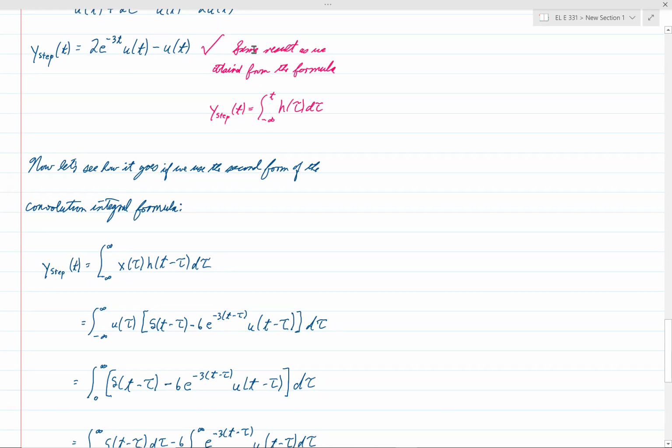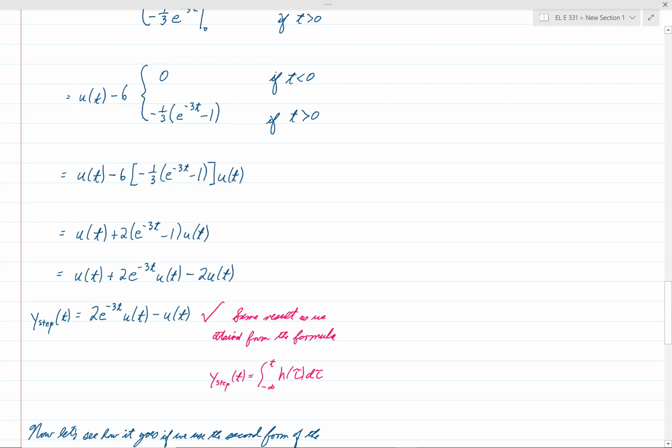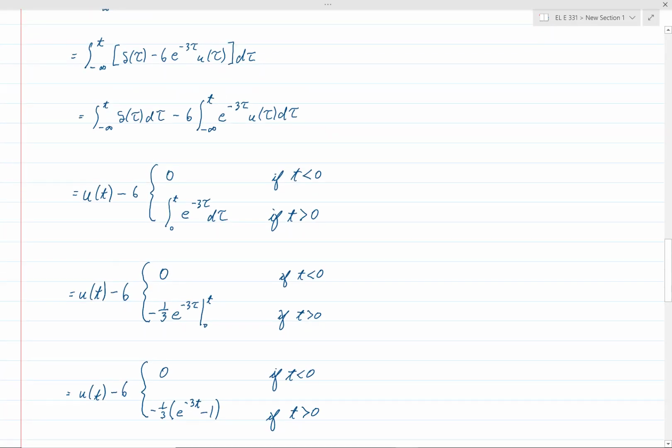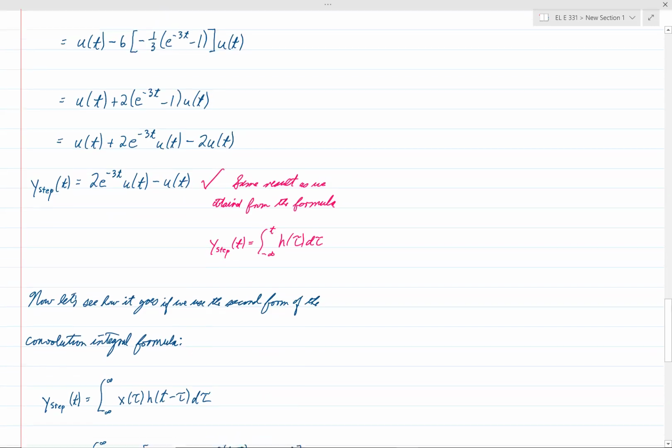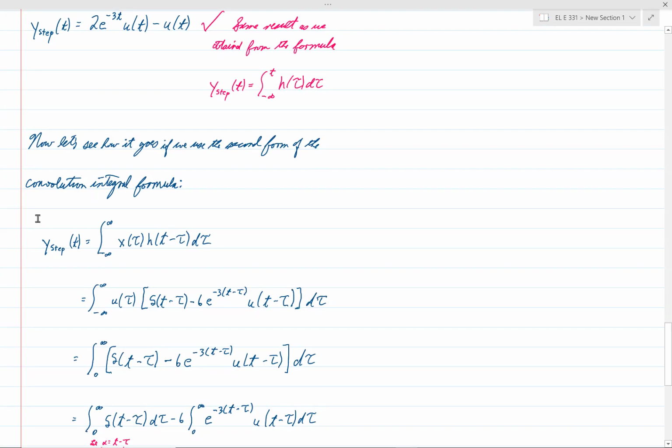But I personally think that finding it using this first form of the convolution integral was a little bit simpler than what we did down here using this second form of the convolution integral. Again, that won't always be the case.